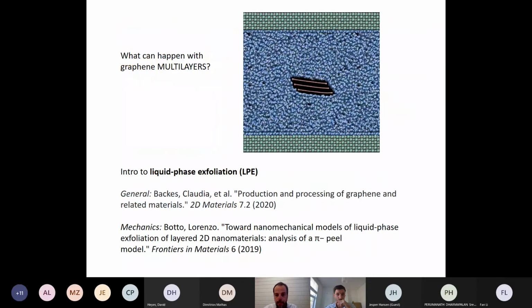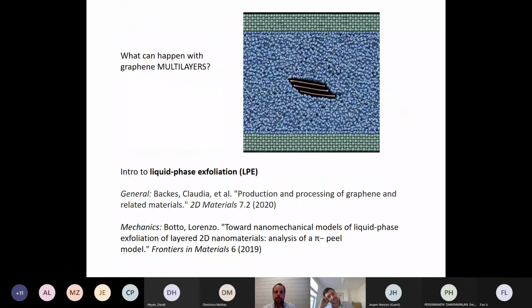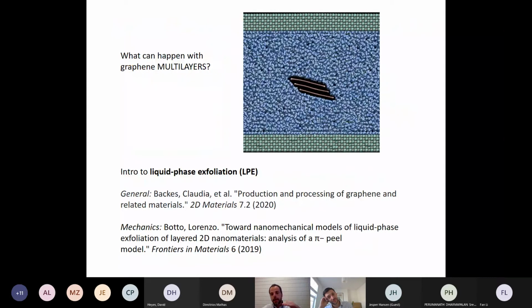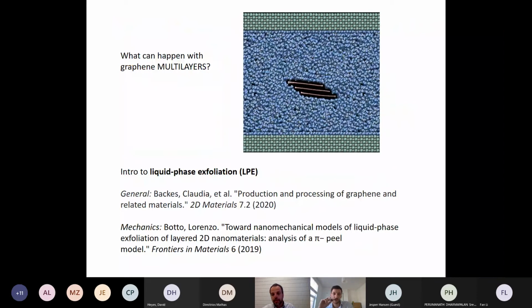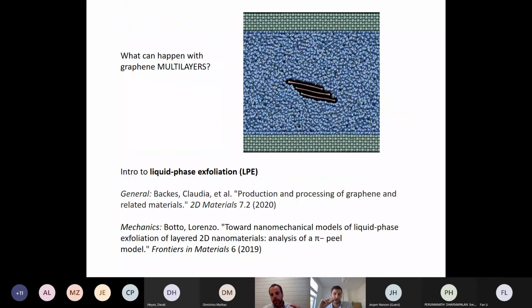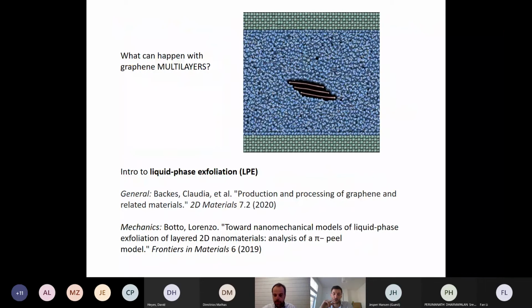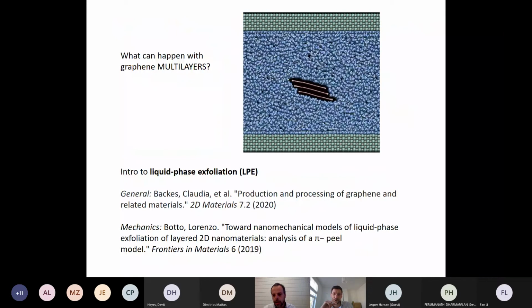Another thing that we have examined is delamination by shear flow. What happens when a multi-layer graphene particle, held together by relatively weak van der Waals forces, is separated by the shear flow? When the hydrodynamic forces reach a critical value, the layer will debond.